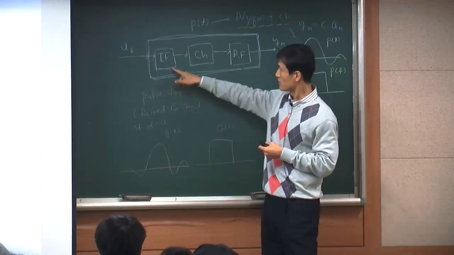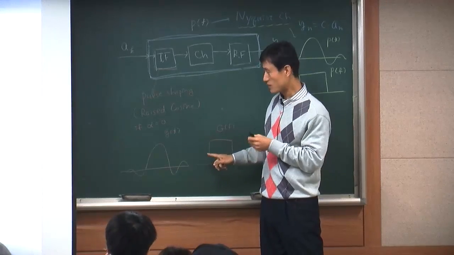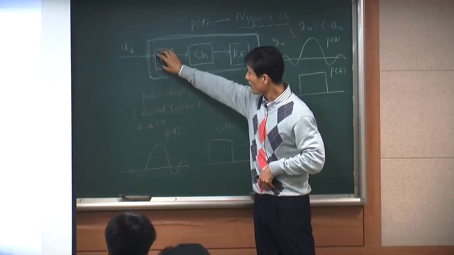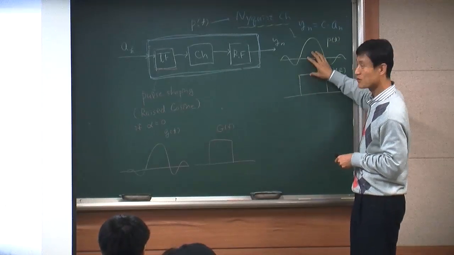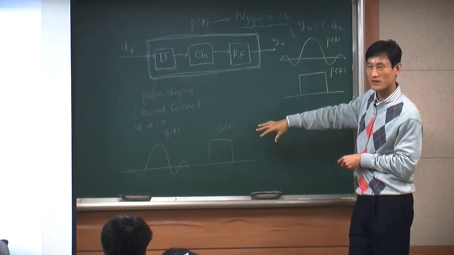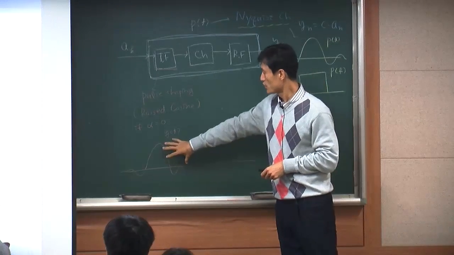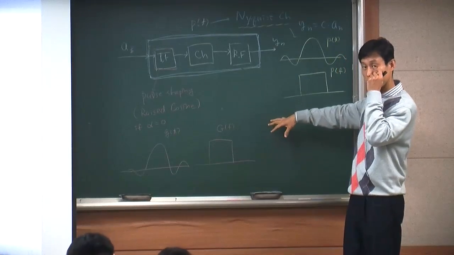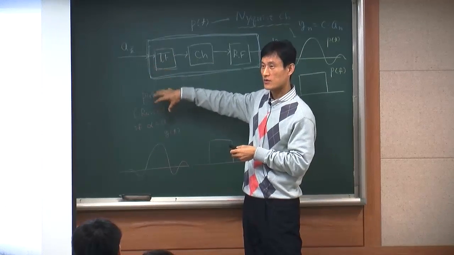When you use alpha equal to 0, you already have that. So if alpha equals 0, this block has exactly the same response as the Nyquist channel already, with only one block.